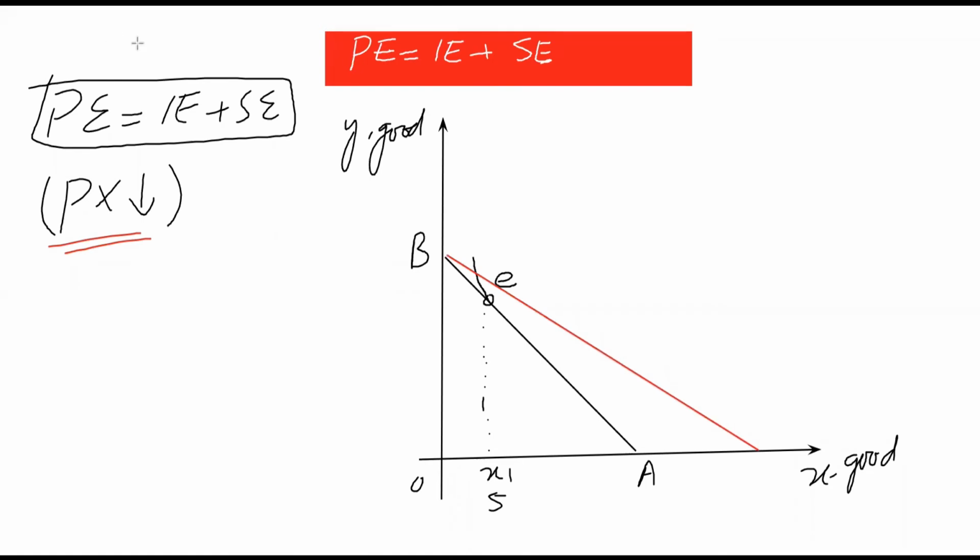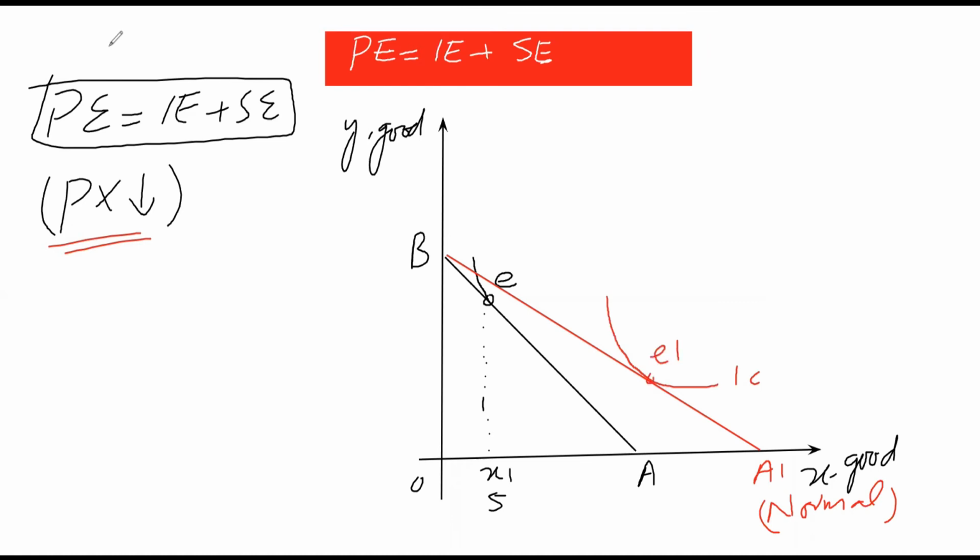A fall in price of X shifts the budget line from BA to BA1, which shows that the purchasing power of the consumer has increased for X good, and X is considered a normal good. So the new equilibrium will take place at some point which shows a greater quantity of X good purchased by the consumer, because it is now less costly.